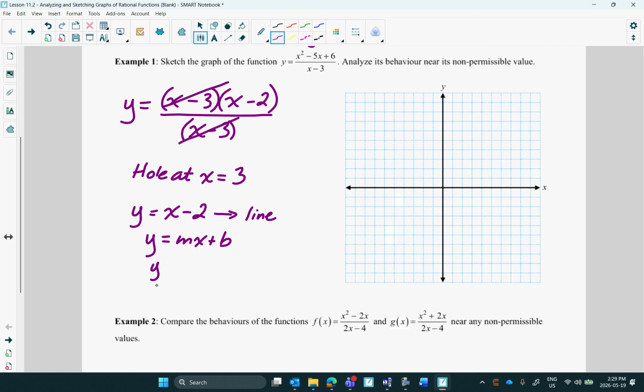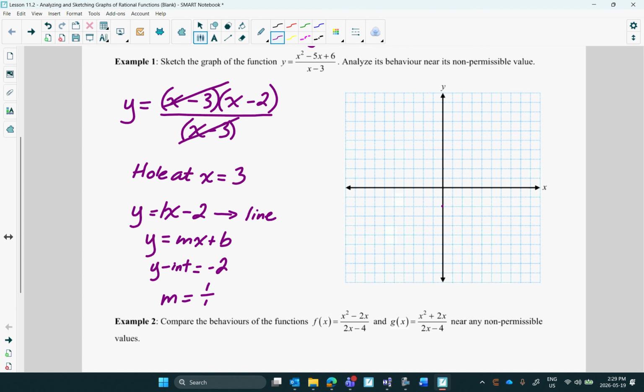So b, or the y-intercept of this, is what? -2. m, or the slope, is the number in front, 1. But remember, slope we always think rise over run, so we do write it as a fraction. So I'm going to graph this line, but wherever x is 3 on the line, I'm going to put a hole.